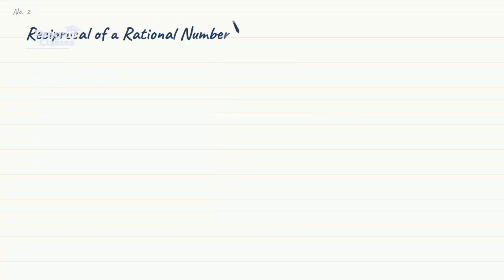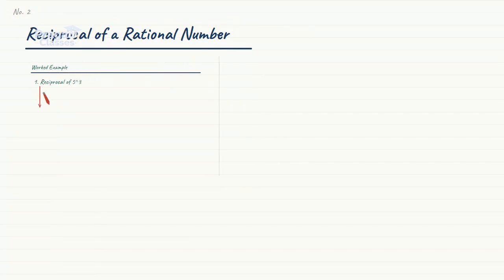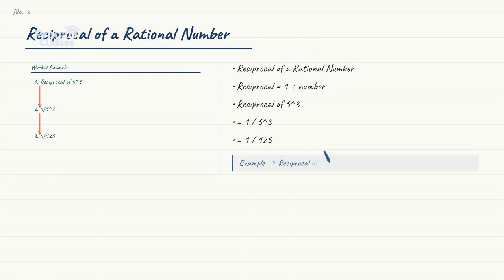Now that we know how to write numbers in exponential form, let's talk about their reciprocals, because you'll bump into these all the time when exponents go negative. Let me put this in front of you. The reciprocal of any number is simply 1 divided by that number. It's like asking, what do I multiply this by to get 1?